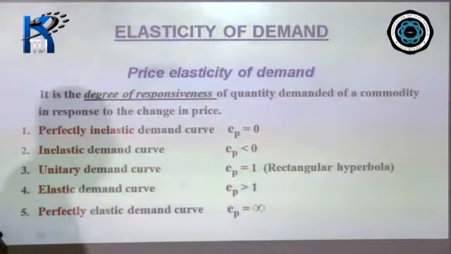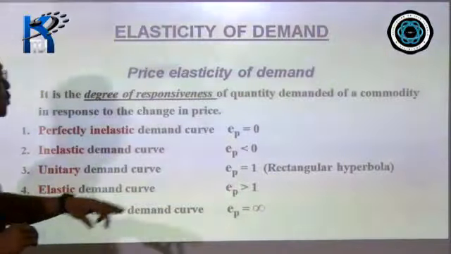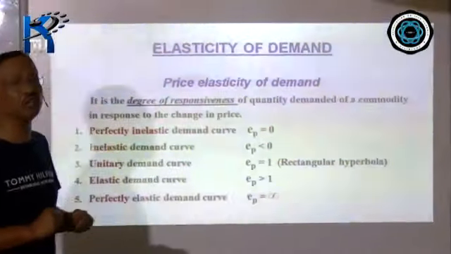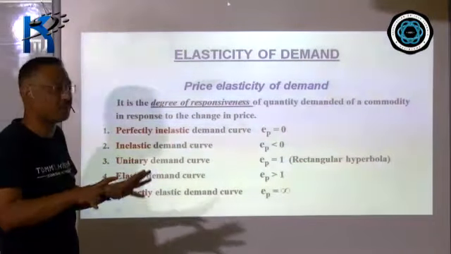Example, necessity goods, like insulin used by diabetic people. Whereas there are goods like luxury goods where a small change in the price leads to a huge change in the demand. So now you've got a picture of what price elasticity of demand is.